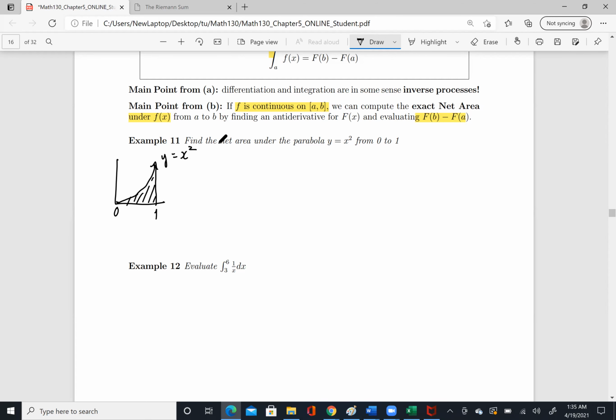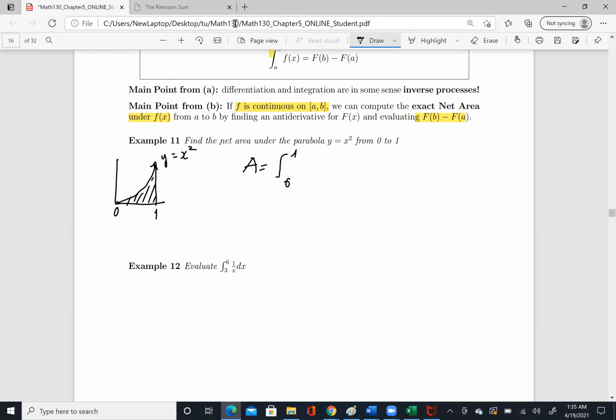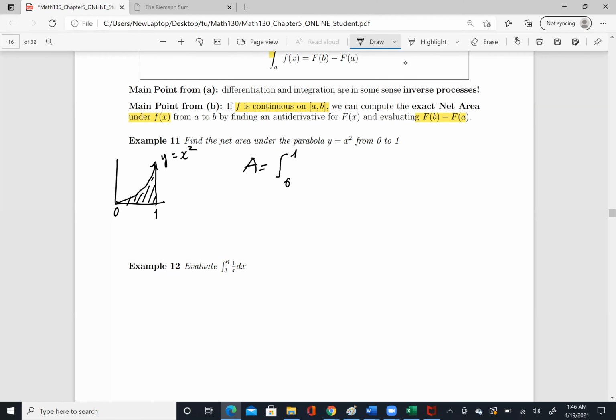Now we have area A equal to the integral from 0 to 1 of x squared dx, right?